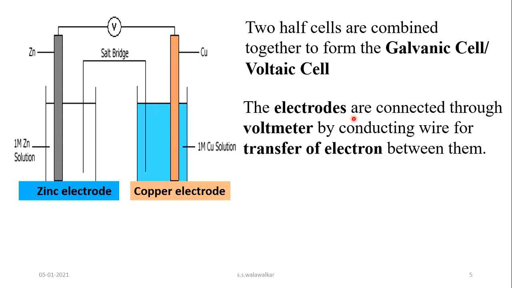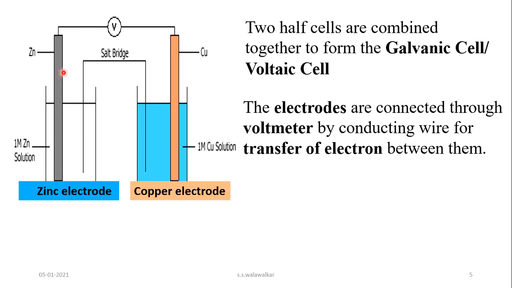So the two electrodes are connected through voltmeter by conducting wire like this for what? The transfer of electron between them. That means what? Here zinc electrode is there, it undergoes oxidation in this cell, and the electrons which are lost by this zinc metal are present on this rod, and zinc ion goes into the solution.